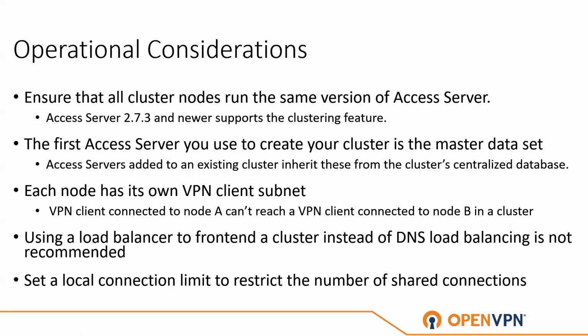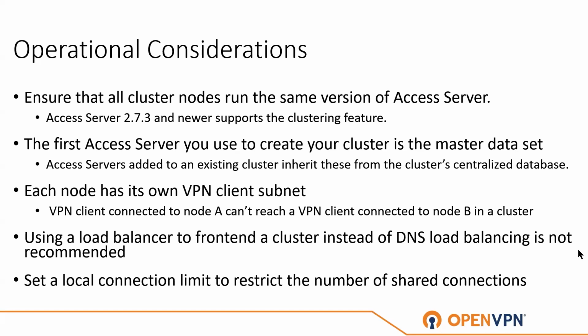And we do get asked if, instead of using DNS load balancing, we can front-end the Access Server cluster using a traditional load balancer, like an Elastic Load Balancer from AWS or something like that.